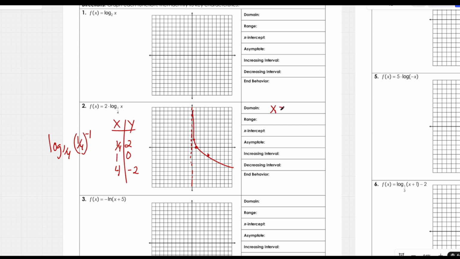Domain. X-intercept 1, 0, asymptote. This one doesn't go to -infinity to the left because it only goes to 0 towards the left.